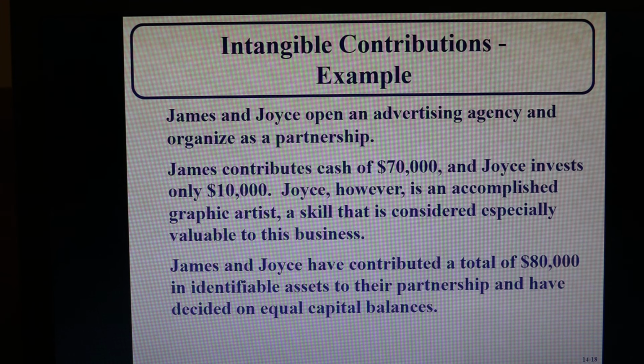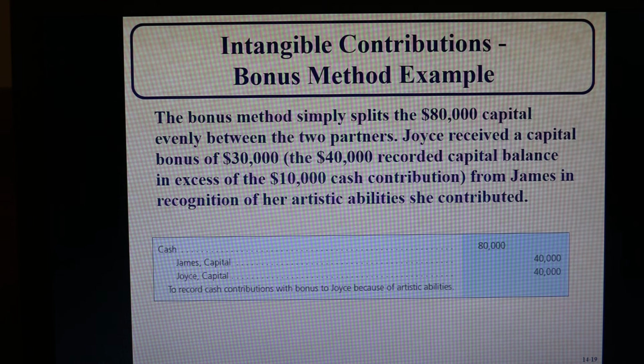Well, it's going to be as if James, even though he contributes 70 of the 80,000 here, turns around and gifts, if you will, a portion of his contribution to Joyce. And here they're equal partners. I don't see anything in here that says they're not. What you're going to have is an equal distribution here.